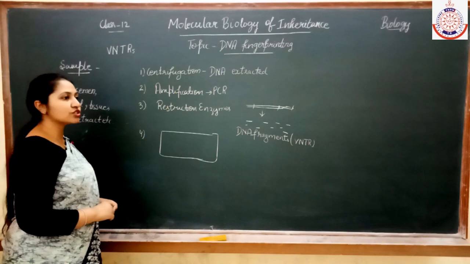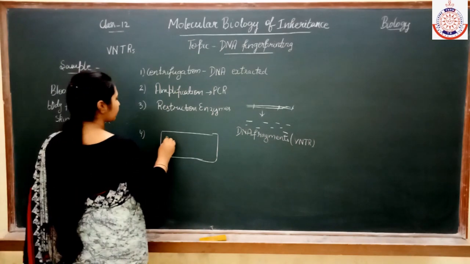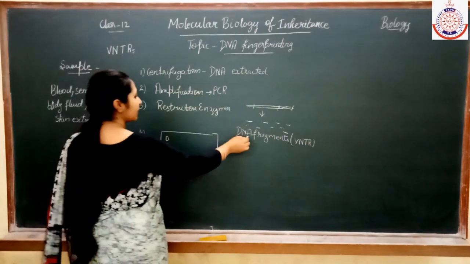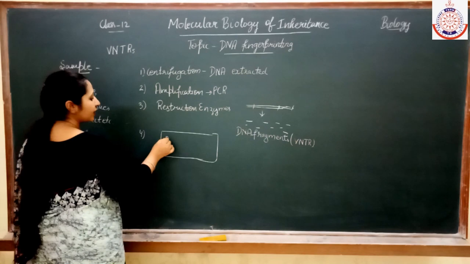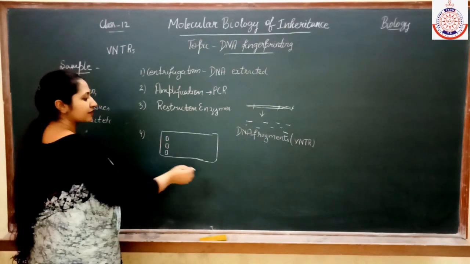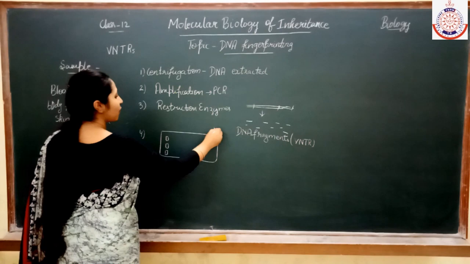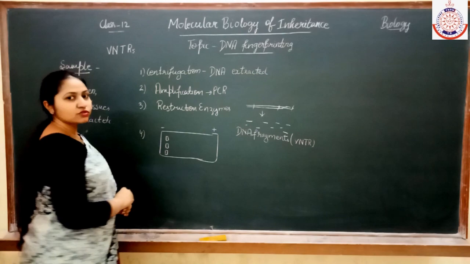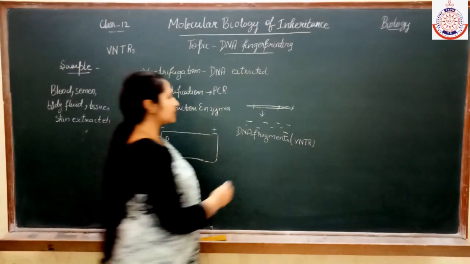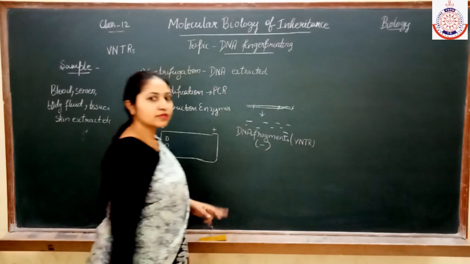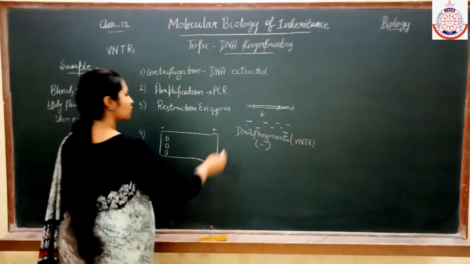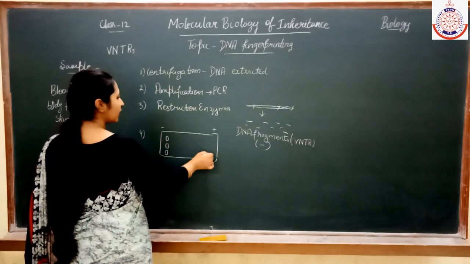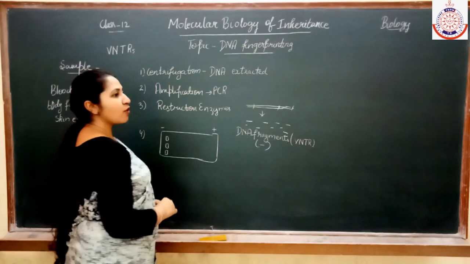Now what is agarose gel electrophoresis? In this there are wells, and the DNA sample is loaded in these wells, and then electricity is passed, with the positive charge here and the negative charge here. As all of you know, the DNA fragments carry a negative charge, so they will migrate towards the positive charge.